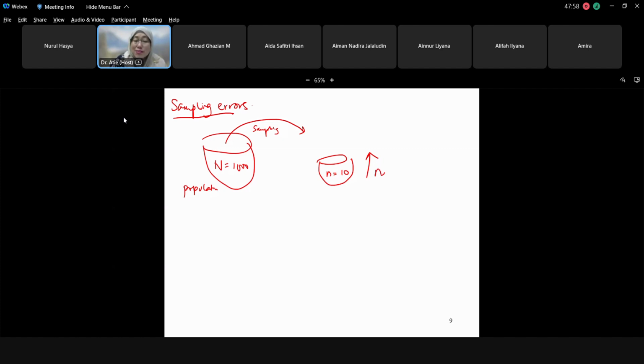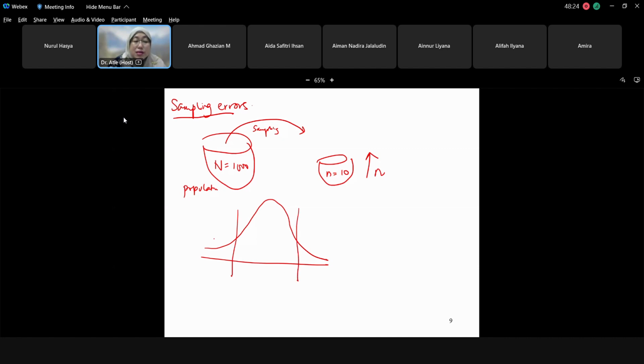The next one, sampling errors can also happen like this. I would like to study student CGPA. I am supposed to take students based on this normal curve.